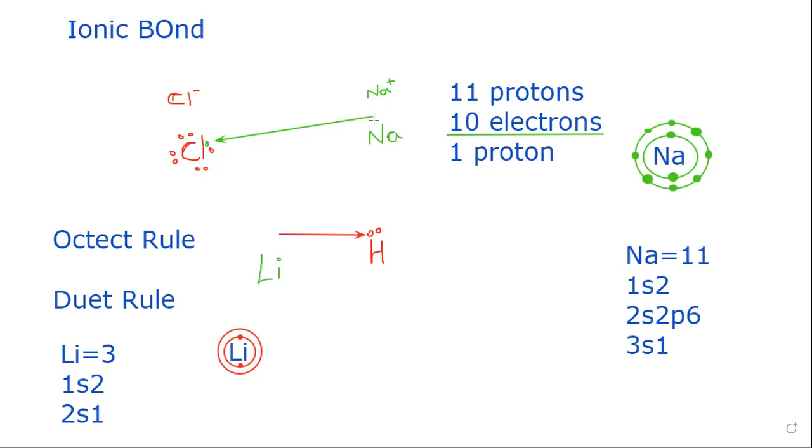Sodium in this case, because it gave 1 electron, and the charge that electrons have is negative, got rid of 1 negative charge. That makes it positive. Because at first sodium had 11 protons and 11 electrons, but now it only has 10 electrons. That means we have 1 extra proton over the electrons that we have here. That's why we have 1 positive here, or just positive. Okay? Is that clear now, Chastity?